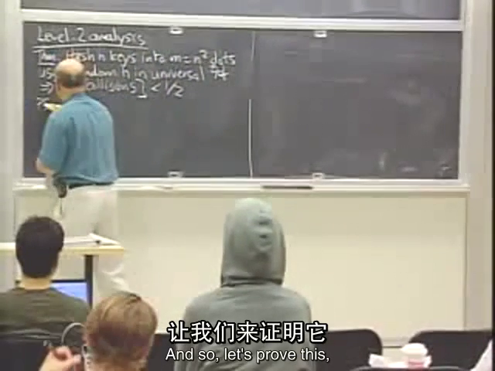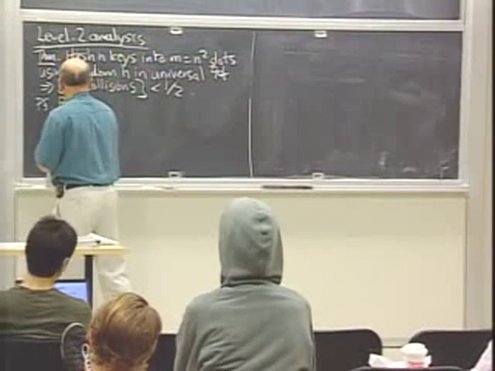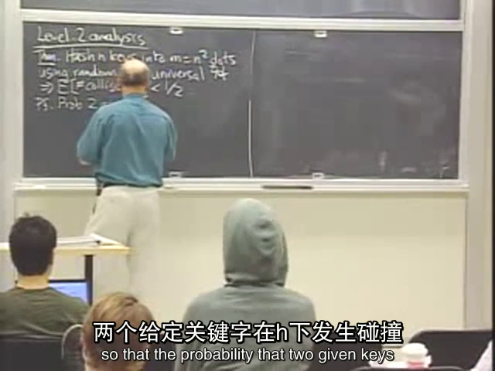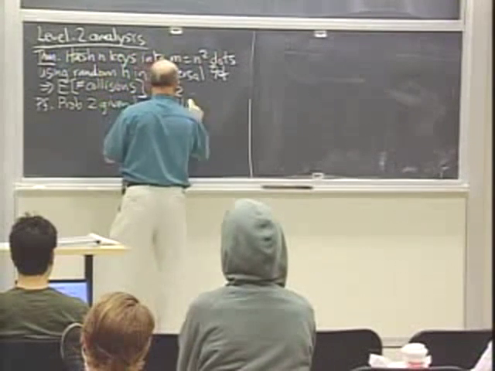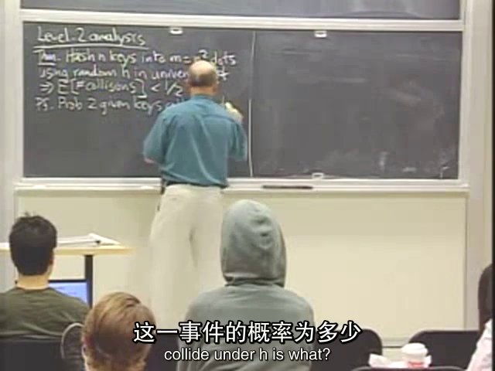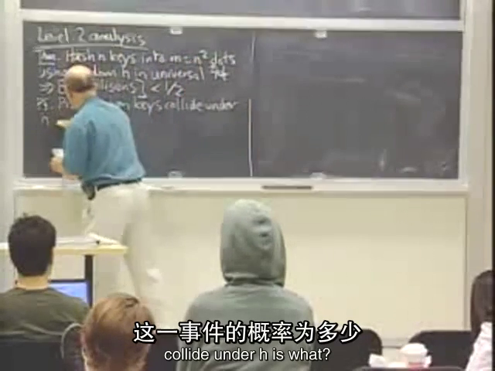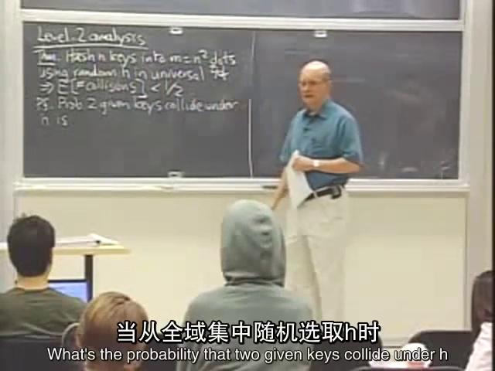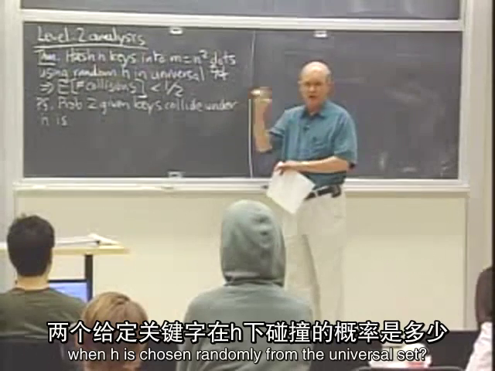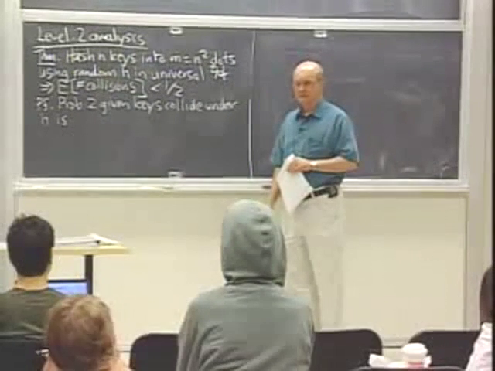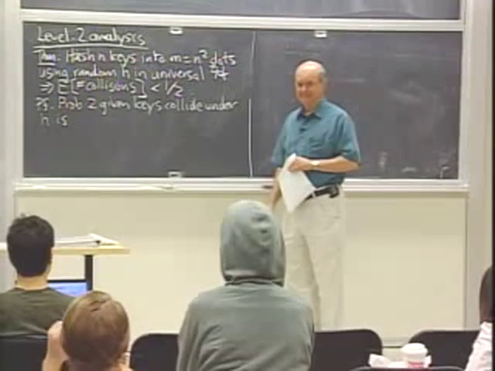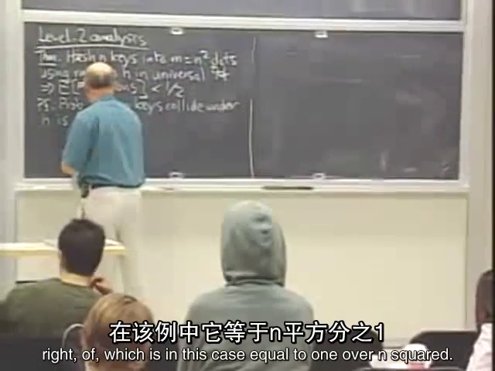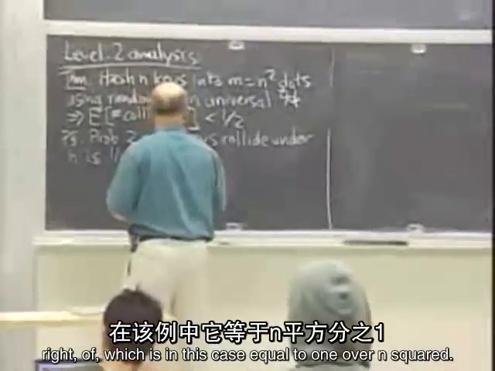Okay, and so let's prove this. The probability that 2 given keys collide under H is what? What's the probability that 2 given keys collide under H when H is chosen randomly from the universal set? 1 over m, right? That's the definition, which is in this case equal to 1 over n squared.